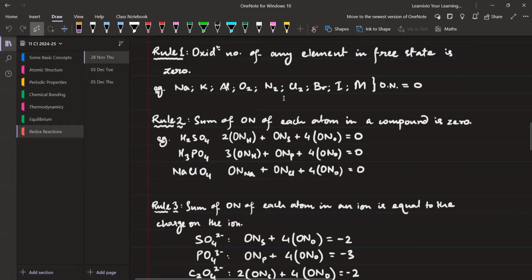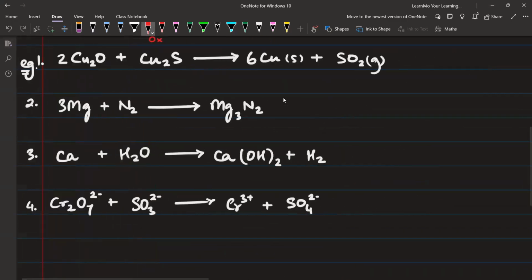There are a few rules: the oxidation number of any element in free state is 0. If it is not in combined state, it will be 0. Makes sense? Yes, sir. So N2 will also be 0. Mg in combined state, second group element, will be +2. And that is why the nitrogen will be -2.